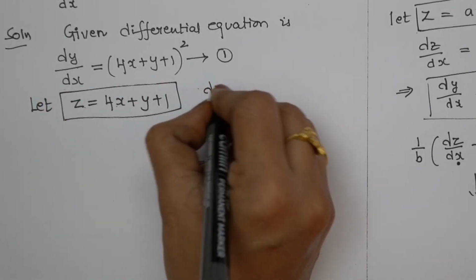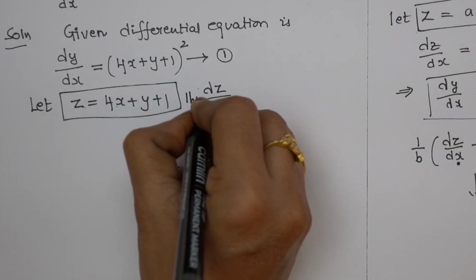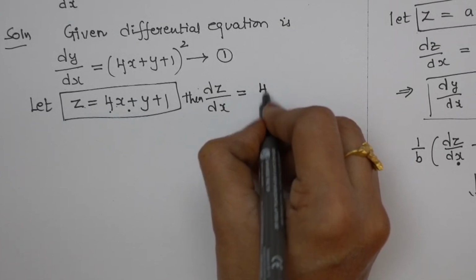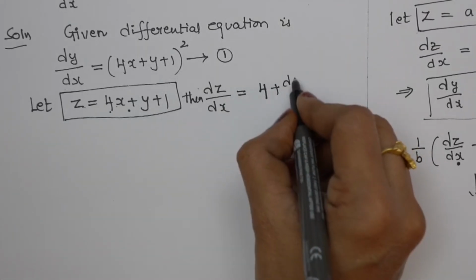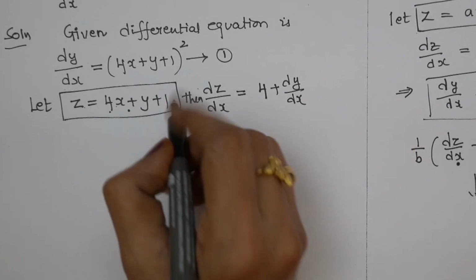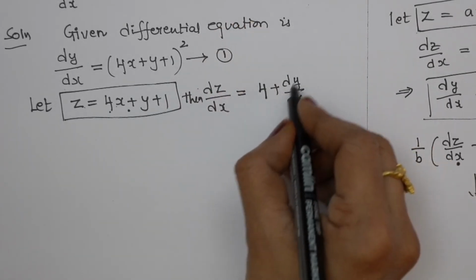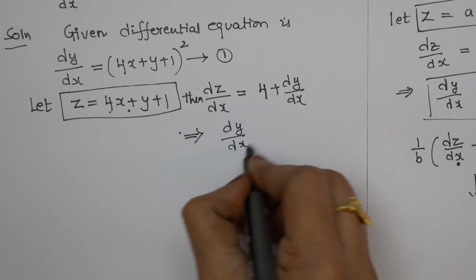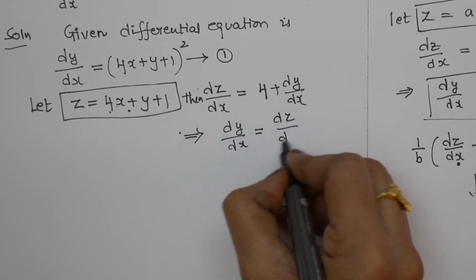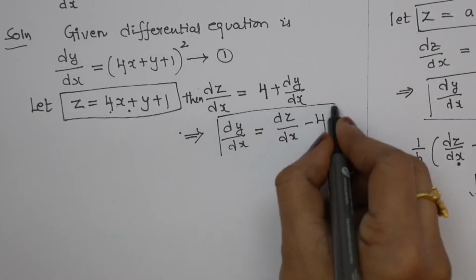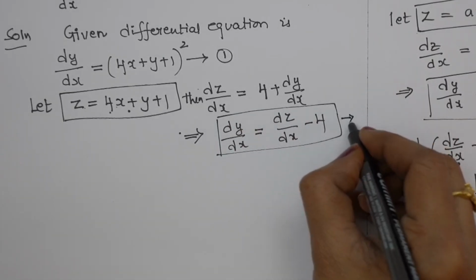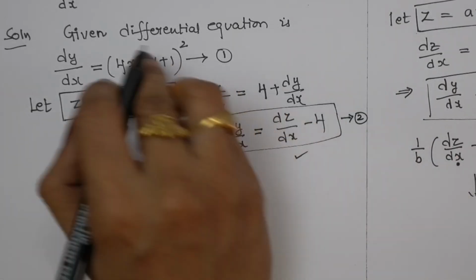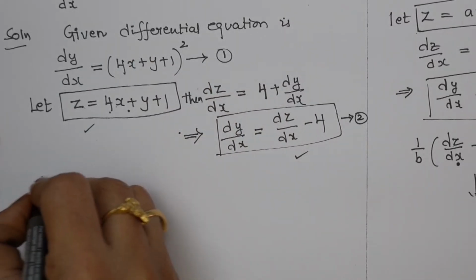Take the derivative dz by dx. Then dz by dx is equal to derivative of 4x, that is 4, plus derivative of y, dy by dx, plus derivative of the constant, which is 0. So it remains 4 plus dy by dx. From this I can write dy by dx is equal to dz by dx minus 4. Let it be 2. Now I replace the z term and equation 2 in equation 1.